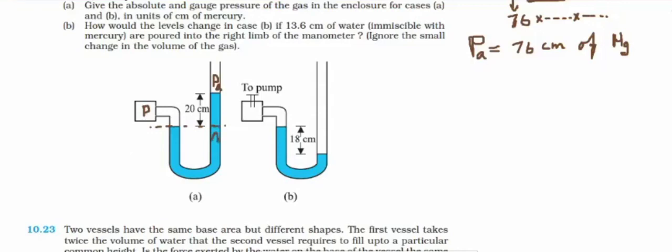Give the names point A and point B to the points. Pressure at A is equal to pressure at B is equal to pressure P. That is our concept.